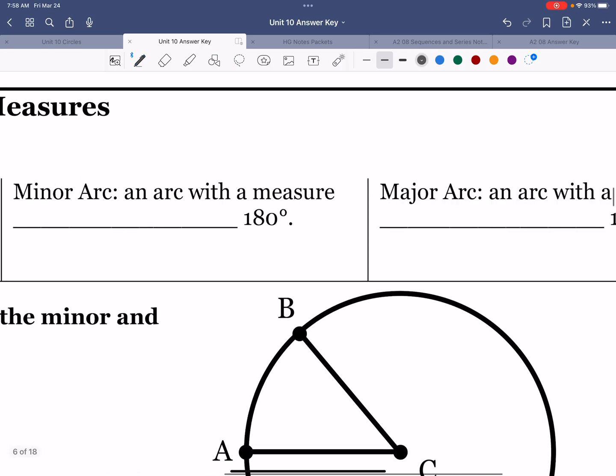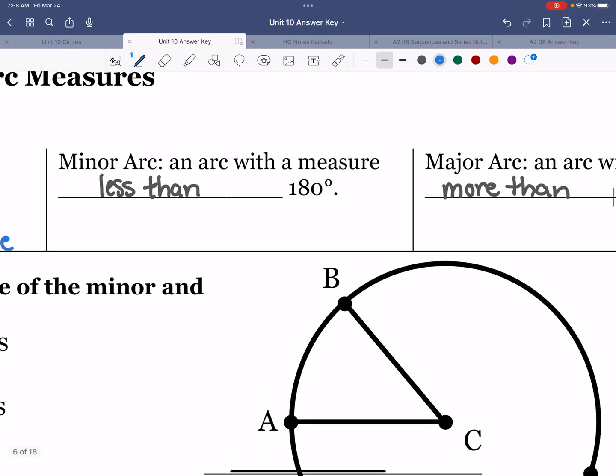So I have three different types of arcs that I can define. I have the minor arc, which is an arc with a measure less than 180. And I have a major arc that's more than 180. And then, of course, I have another one that's called a semicircle, also called a half circle.